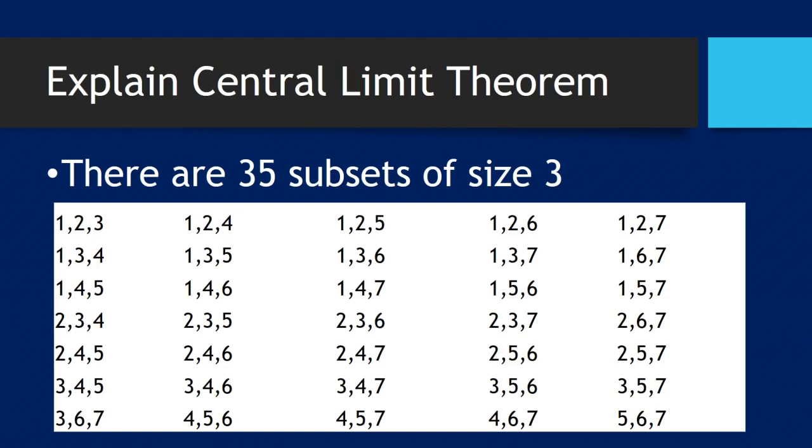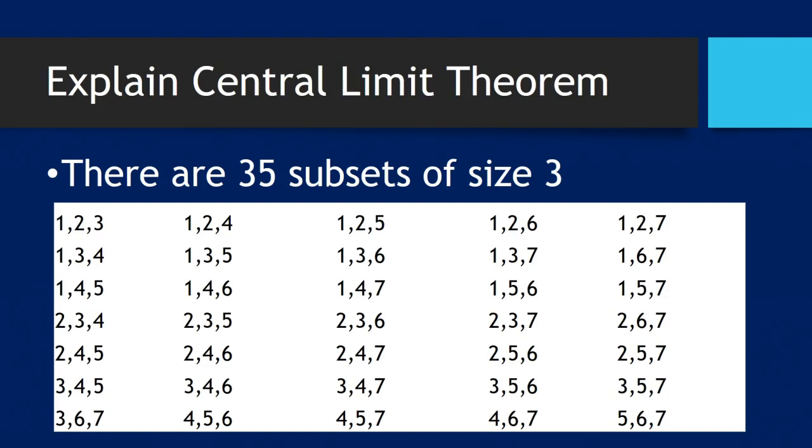However, what I can do is take that group of 7 numbers, 1, 2, 3, 4, 5, 6, 7, and instead of picking a single number out of that set, let's say I chose 3 numbers. There are a lot of different ways to get 3 numbers out of the set.